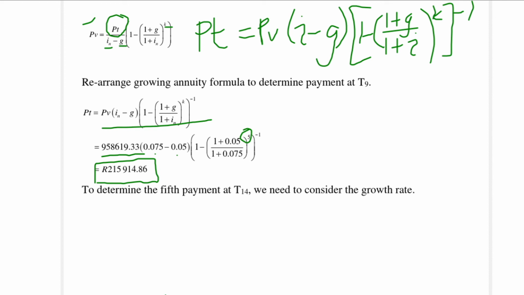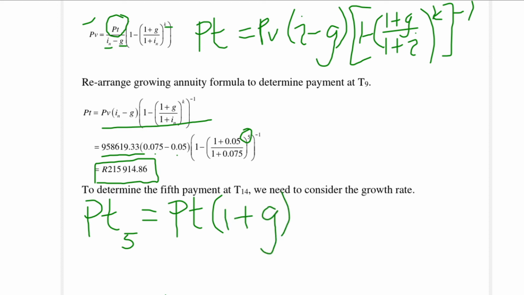And now we would like to know what is the value of the fifth payment at time period T14. So we want to know payment 5. So payment 5 is the first payment, the original payment, 1 plus the growth rate, and then to the power not 5, but to the power 4.